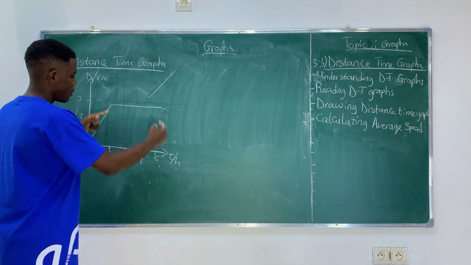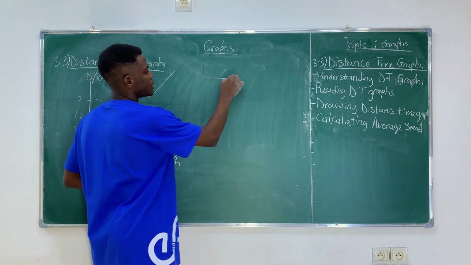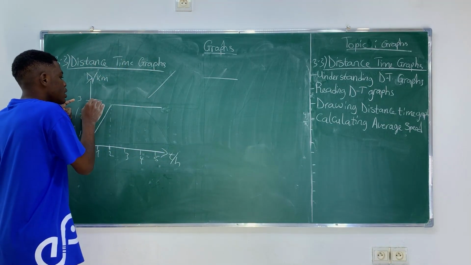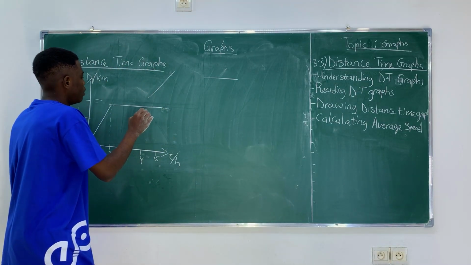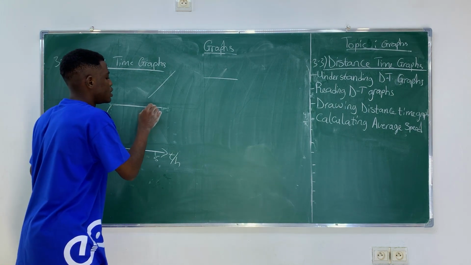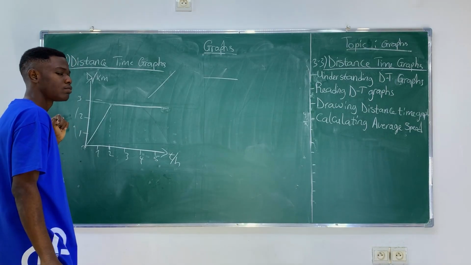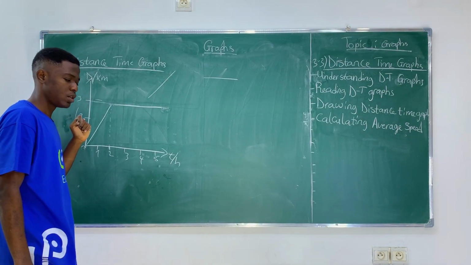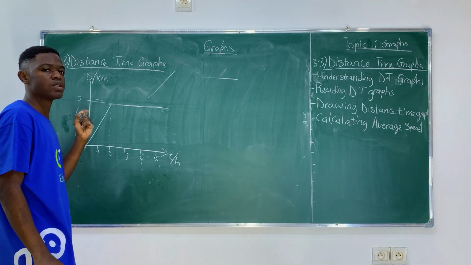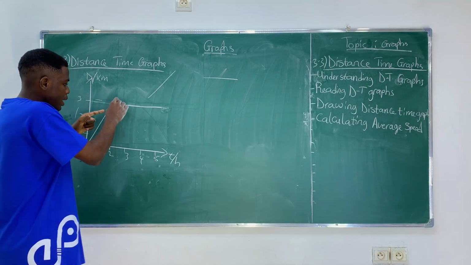Next part is this part. We know that when it's like this, it means stop, because the distance does not change. The distance remains 3 everywhere here, meaning the person stopped, because time actually continues.